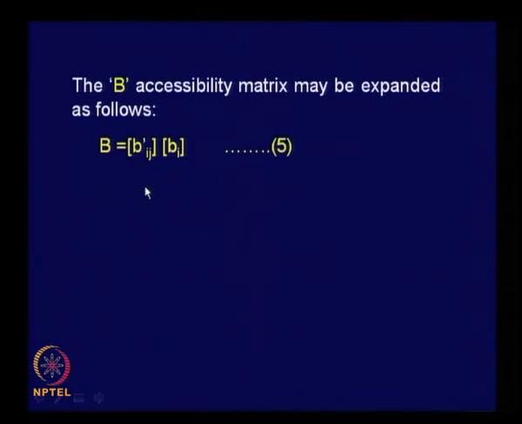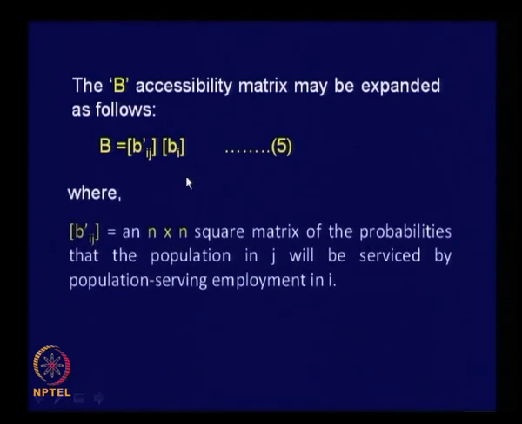B is written as B dash ij into Bi, where B dash ij is again an n by n square matrix of the probabilities that the population in J will be serviced by population serving employment in I. Are you able to understand? Population in J being served by population serving employment in I.